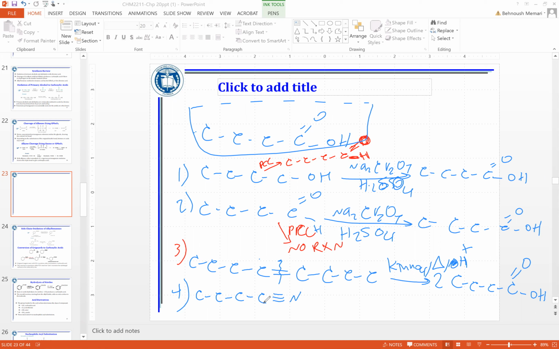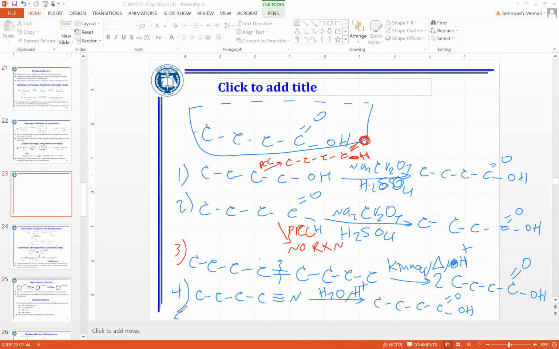If you hydrolyze a nitrile with H2O in acidic solution, it's going to give me a carboxylic acid. Nitrile is an acid derivative, so if you hydrolyze it, it would change to carboxylic acid.